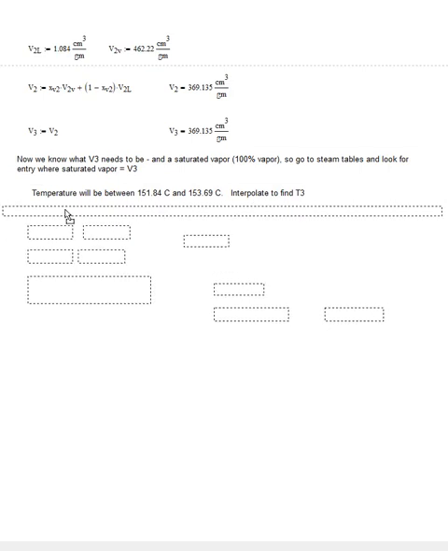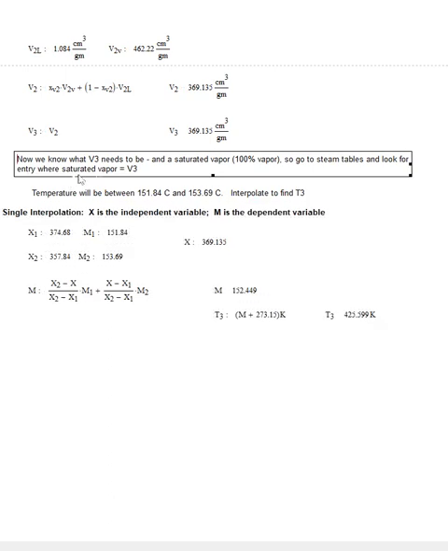What that is telling me is that my steam is going to be in between those two pressures, and if I want the temperature, it's going to be between those two temperatures. In the first version of this video, I interpolated with pressure, but I called it temperature.